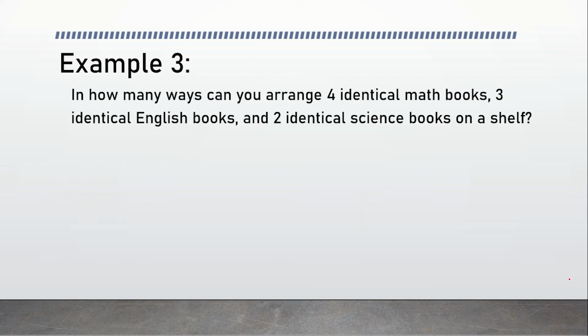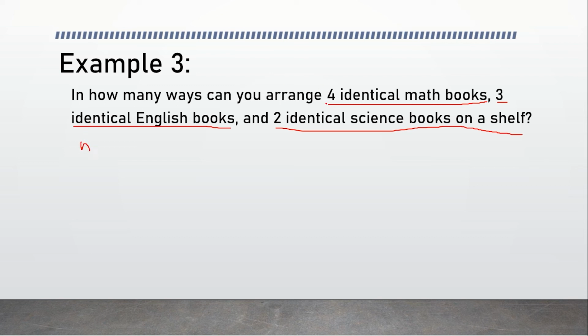So let's proceed with example 3. In how many ways can you arrange 4 identical math books, 3 identical English books, and 2 identical science books on a shelf? Here, class, we have 4 identical math books, 3 identical English books, and 2 identical science books on a shelf. What will be the value of n here?